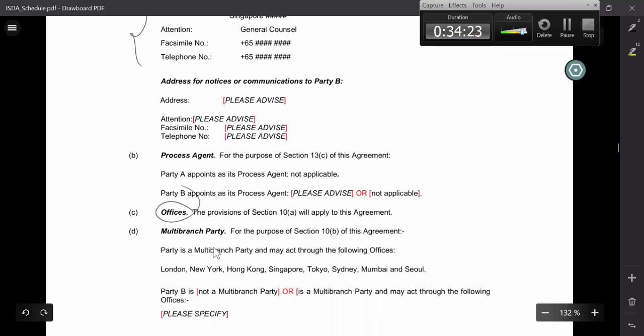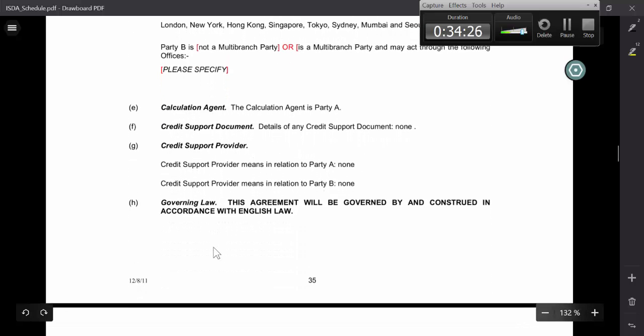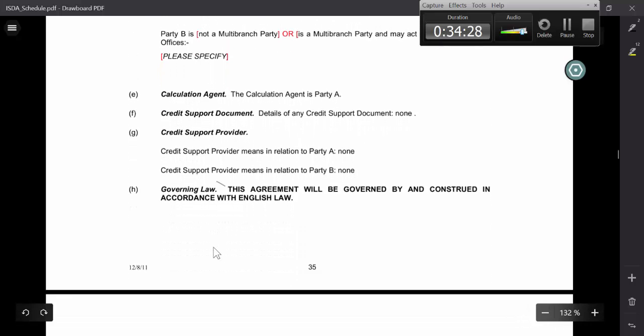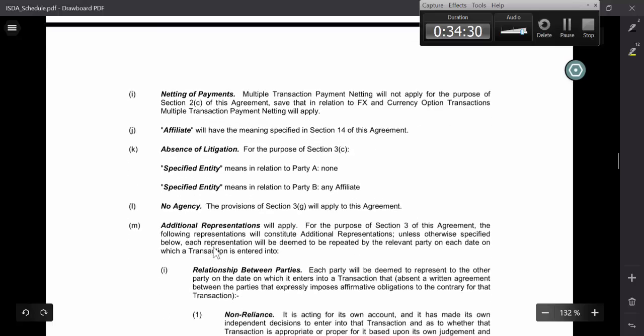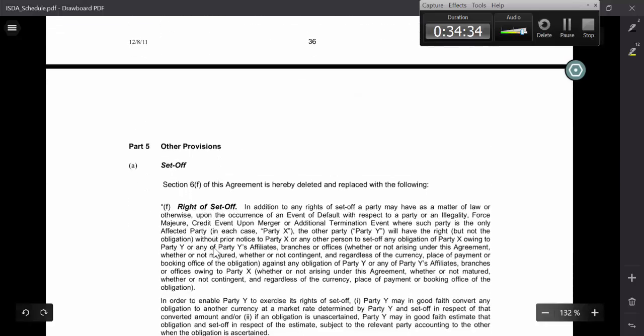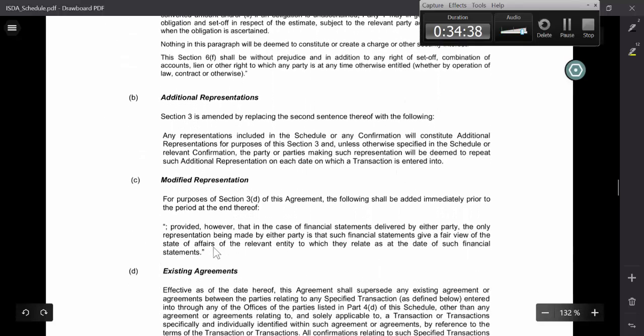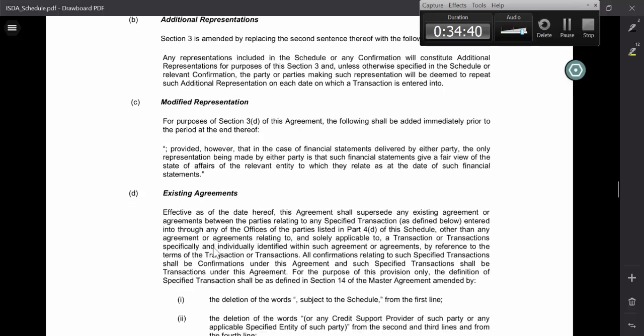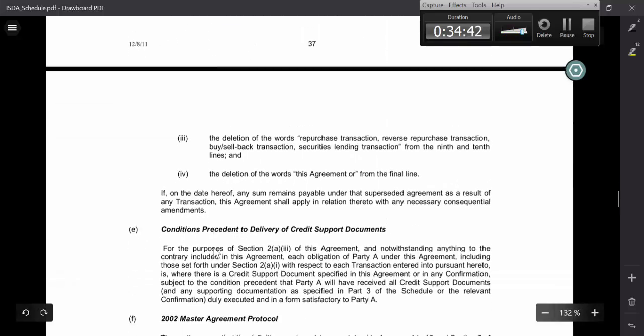Your offices, which office are you using? Governing law, I will talk about that in a moment. And then part 5, other provisions, and don't worry too much about that. Okay, that is the schedule.